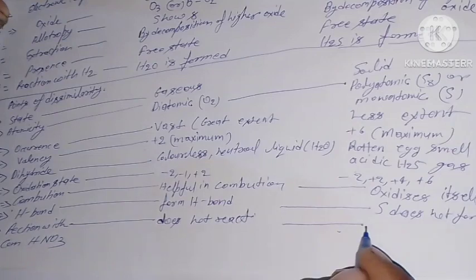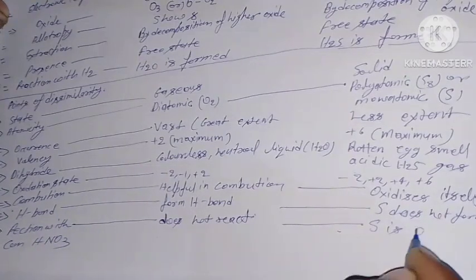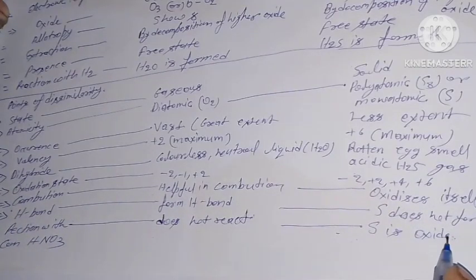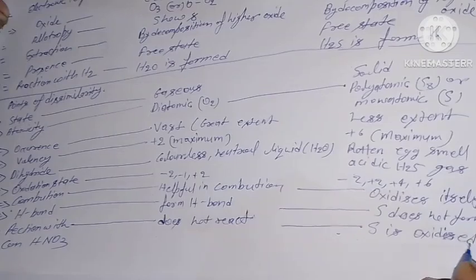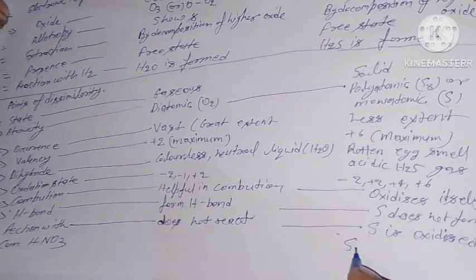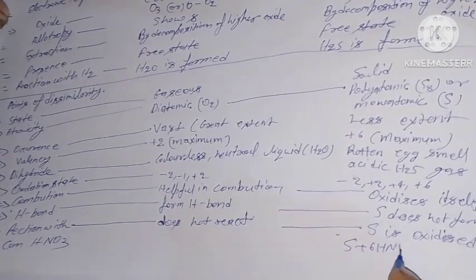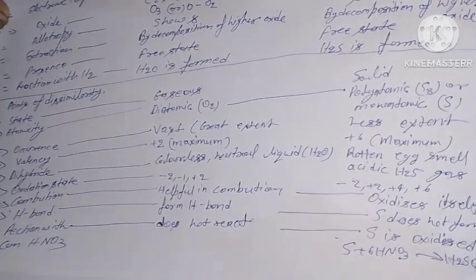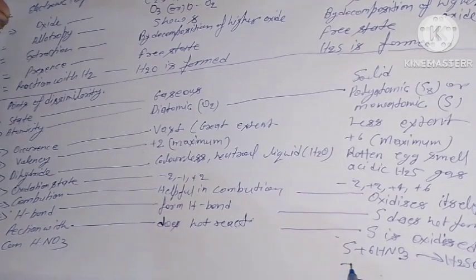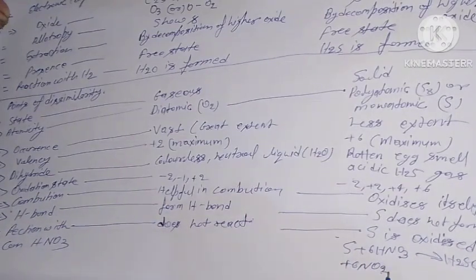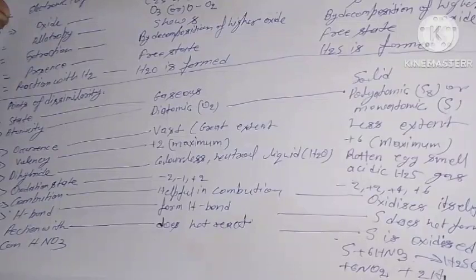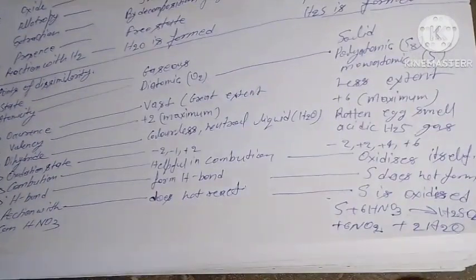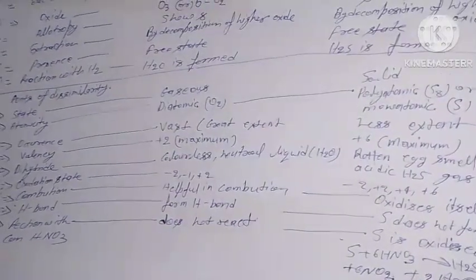Sulfur plus 6HNO3 makes H2SO4 plus 6NO2 plus 2H2O.